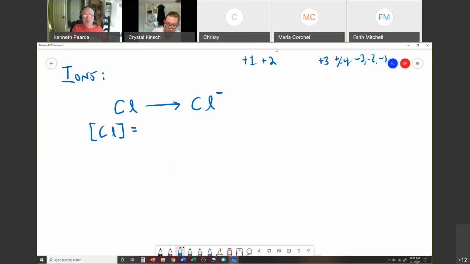For the chlorine atom, we would say 1s2 for the first row. We drop down to the second row, 2s2, 2p6, and then we drop down to the third row where chlorine is, and we would say 3s2, 3p5. There's our electronic configuration for chlorine.